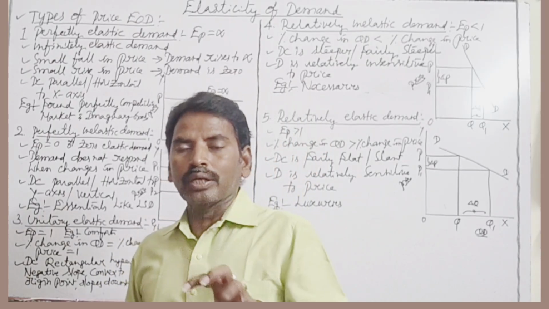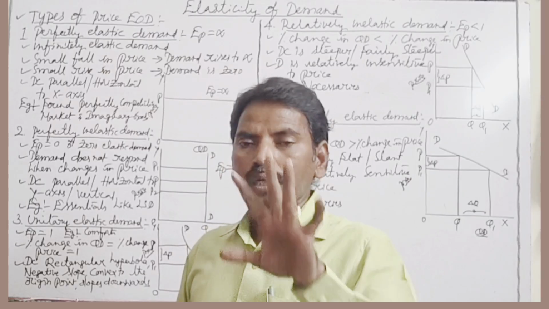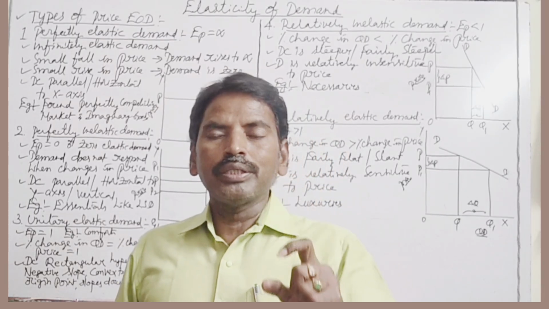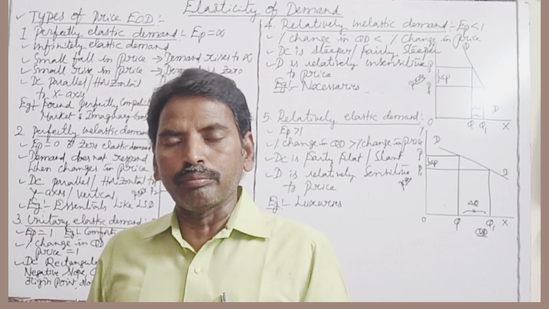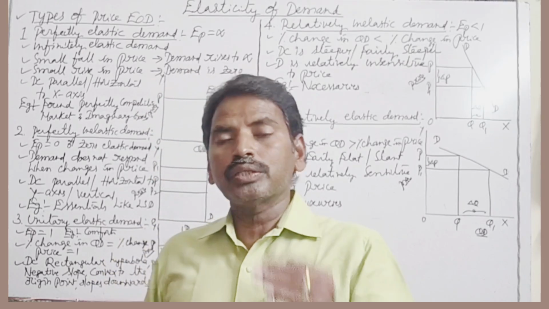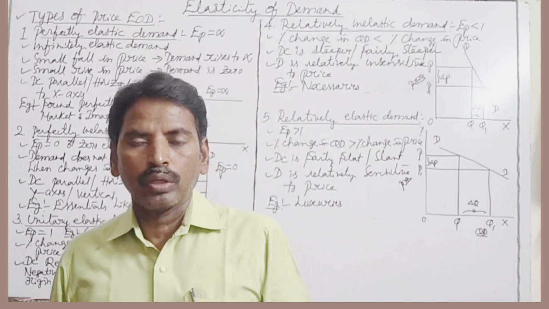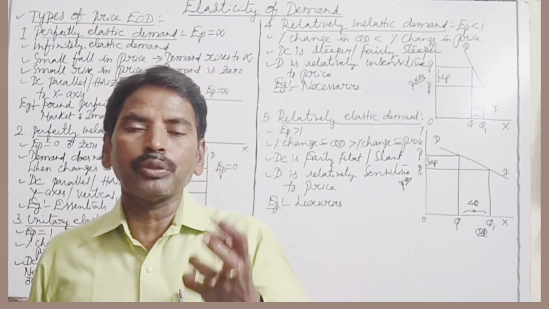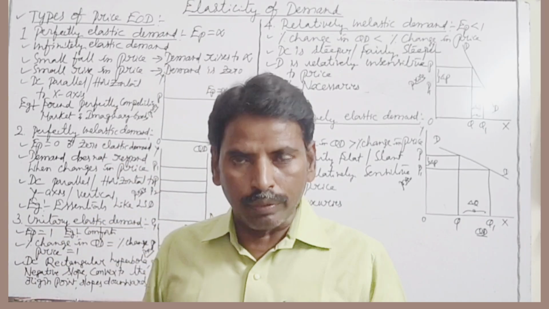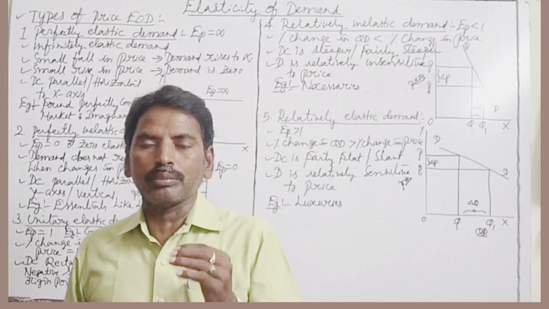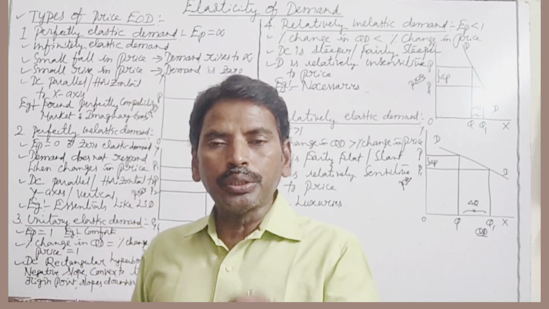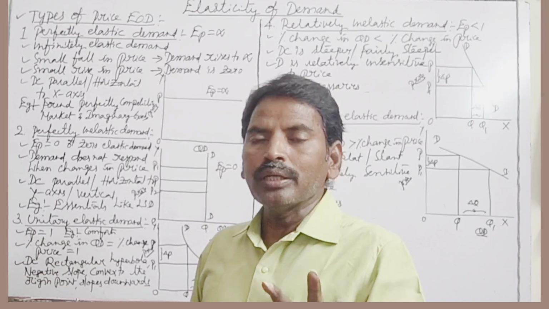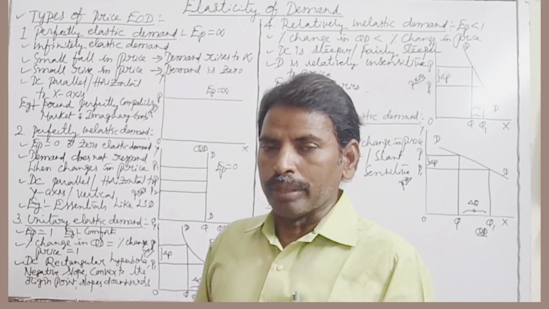Strictly speaking, price elasticity ranges from minus infinity to 0. When we ignore the minus sign and express the absolute value, price elasticity of demand varies from 0 to infinity. This is the introduction to the price elasticity of demand.